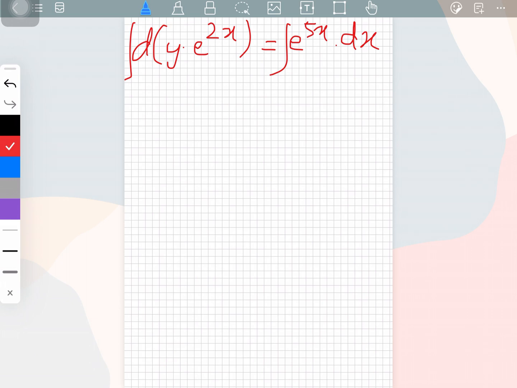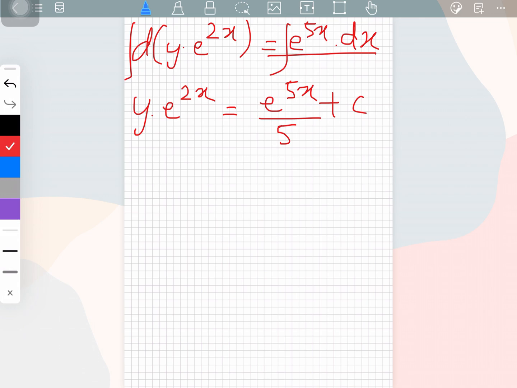Integration is just antiderivative, so their effect cancels each other out. So from this we get y times e to the power 2x is equal to e to the power 5x over 5 plus c. This is simple integration.